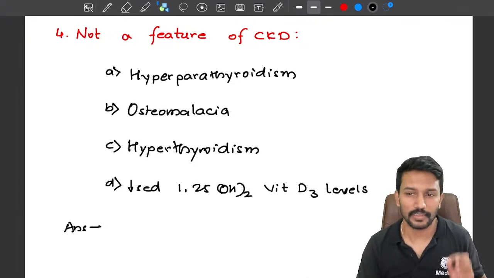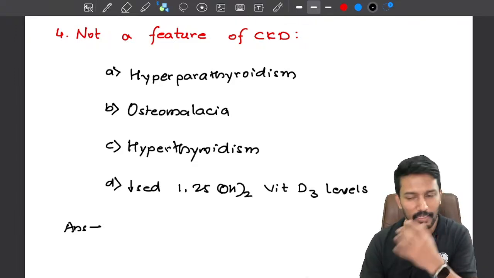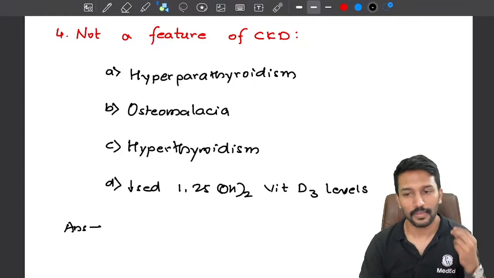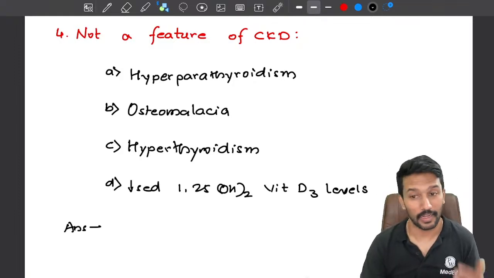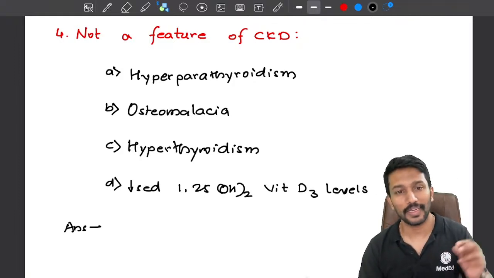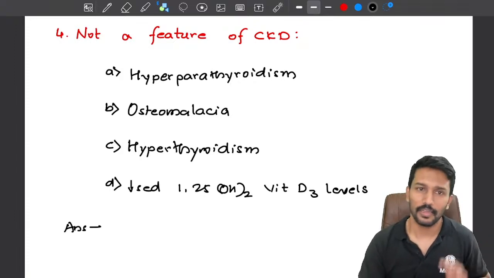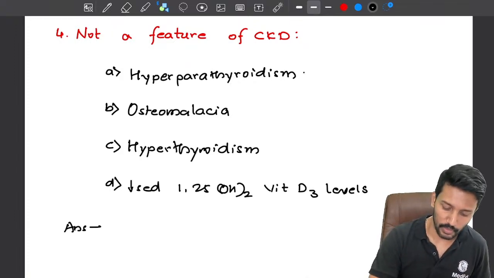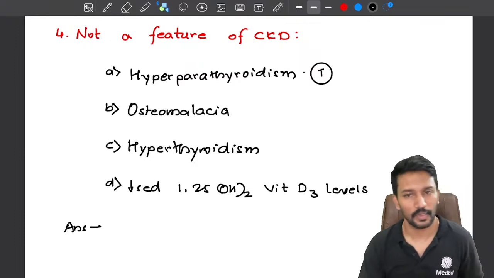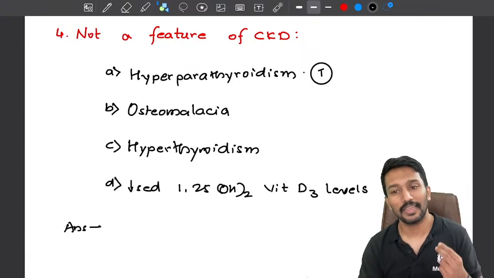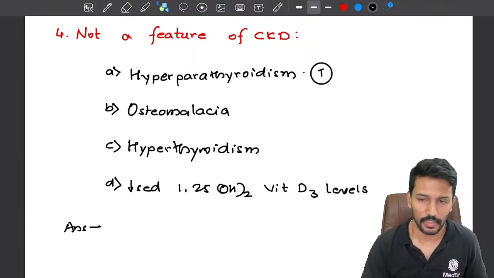Increased phosphate activates FGF23. FGF23 inhibits bone mineralization. Second, there is decreased synthesis of the active form of vitamin D, and because of that calcium levels decrease, and the body tries to correct the decreased calcium level by increasing parathyroid hormone. So hyperparathyroidism is true, it happens, right? What type of hyperparathyroidism? Secondary hyperparathyroidism, right?